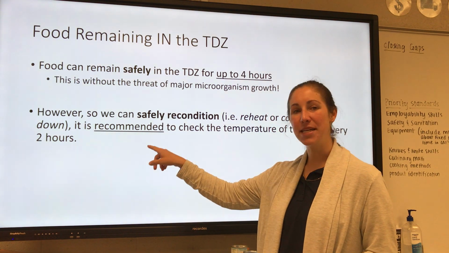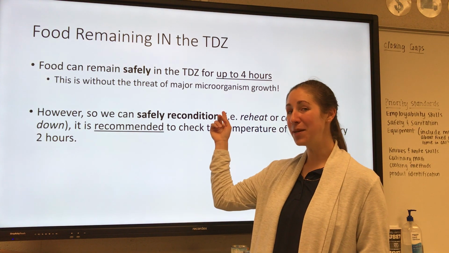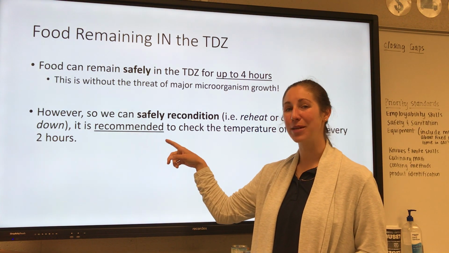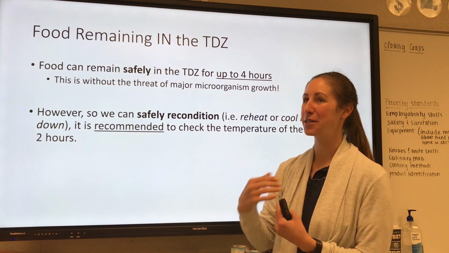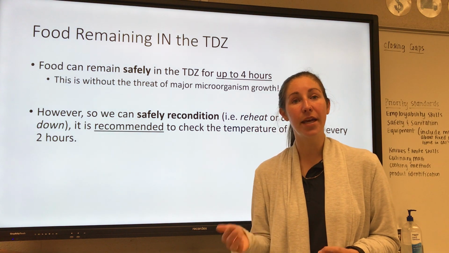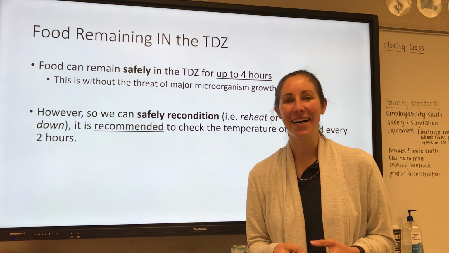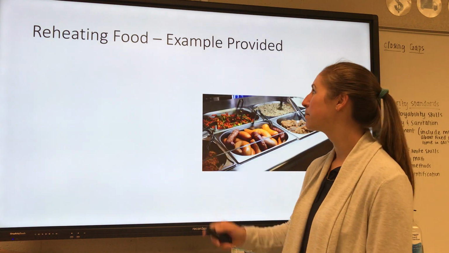That's why it's recommended that we check it every 2 hours. So it can safely be there for 4 hours, but we want to be proactive in reheating or cooling every 2 hours. Please make sure that you've corrected that in your head.